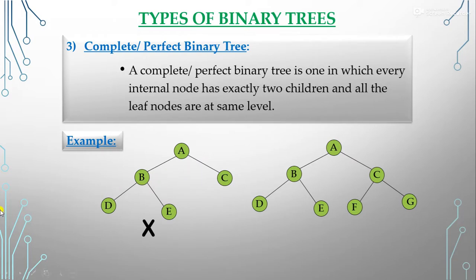But the leaf nodes here, D, E, and C, are not at the same level. It means this is not a complete or perfect binary tree.